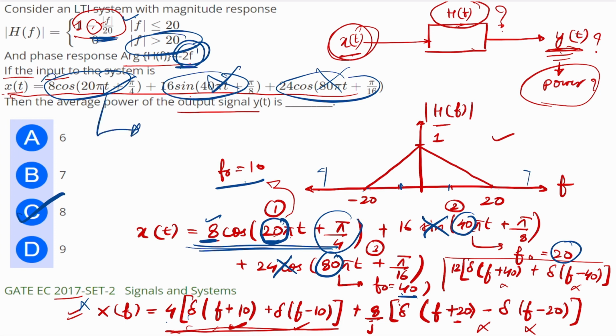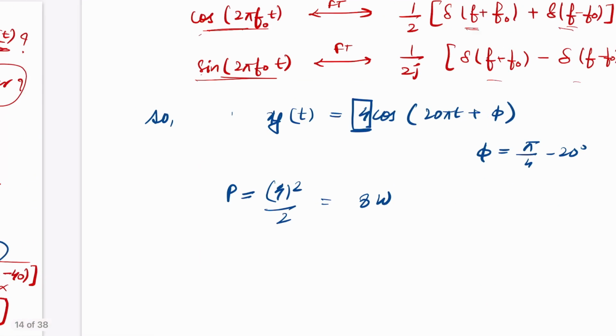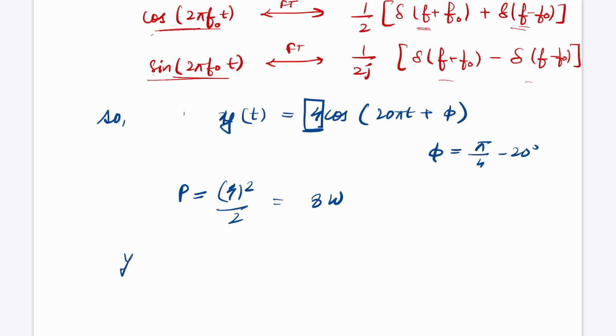So in the output, instead of xf, you can say that YF was equal to 4 of delta F plus F naught, where F naught here is 10, plus delta F minus F naught.